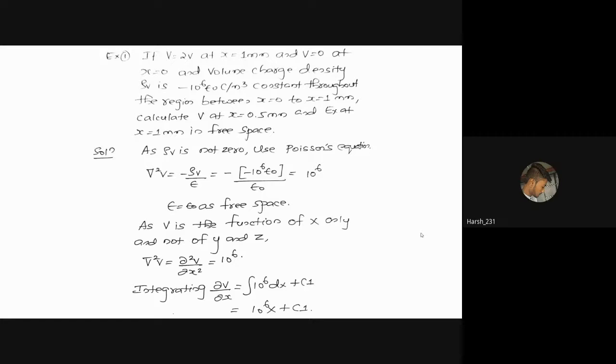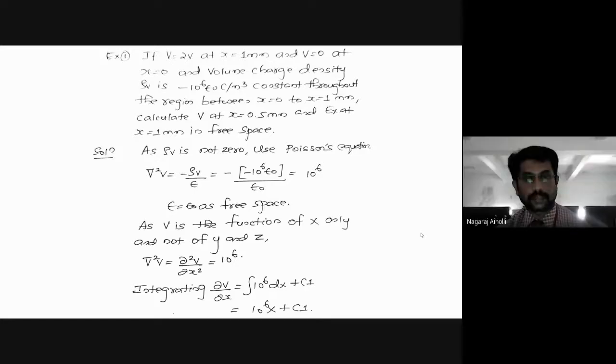Sir, at x is equal to 1, sir. Yes, x equal to 1 millimeter, v equal to 2 volts.